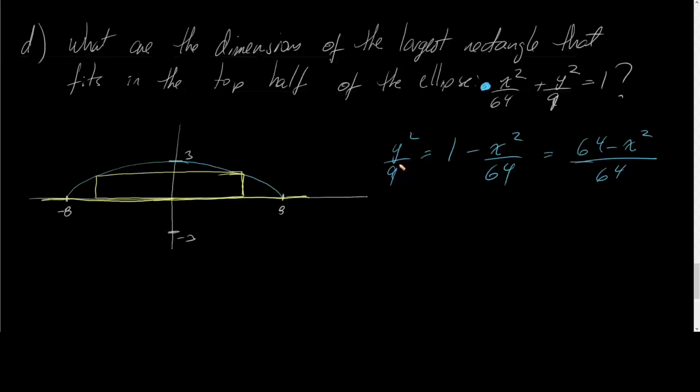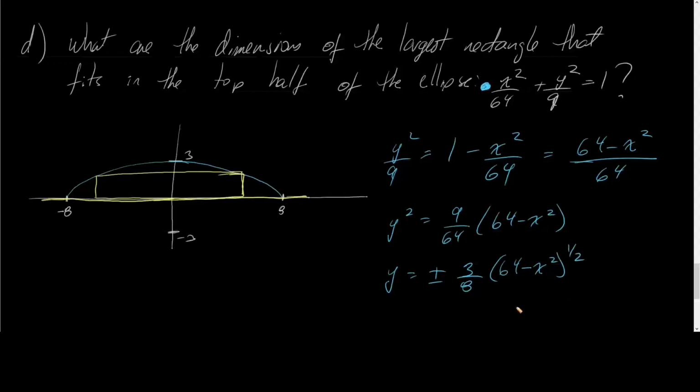All right, multiply by 9 on both sides, so y squared is equal to 9 over 64 times 64 minus x squared. Take the square root of both sides, y is equal to plus or minus 3/8 times 64 minus x squared to the 1/2, right? From there to there, all I did was take the square root.